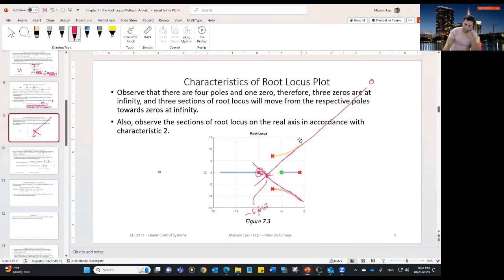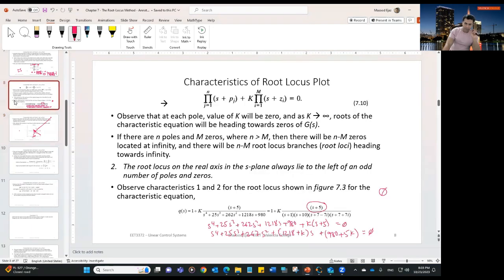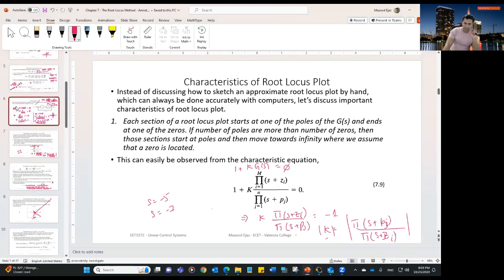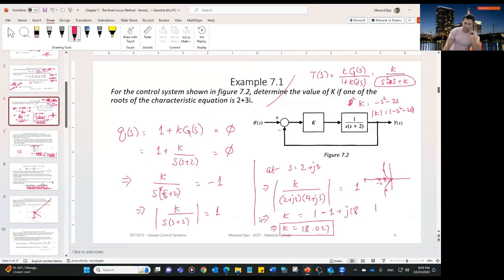And you can calculate the corresponding value of k when it crosses the imaginary axis. That is when the system becomes marginally stable. You can calculate the value of k from what? From this equation right here, what we calculated, 1 plus kG(s) is equal to 0.